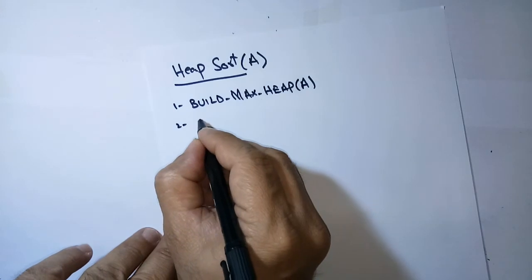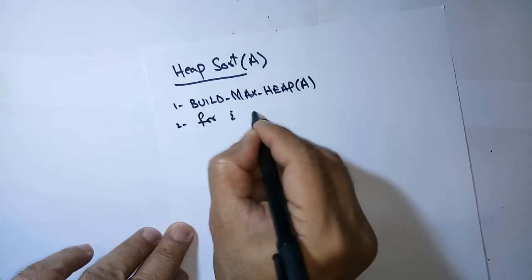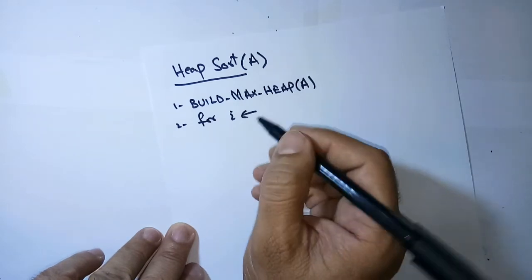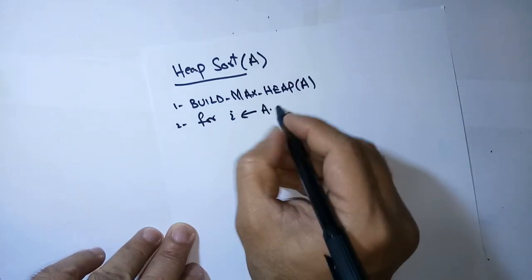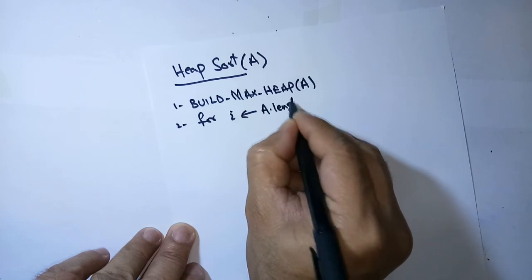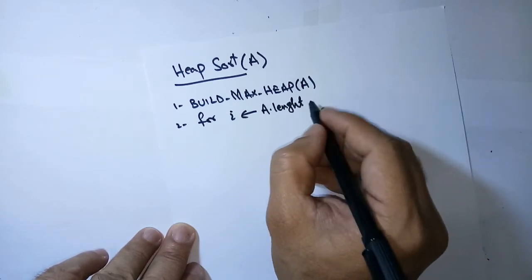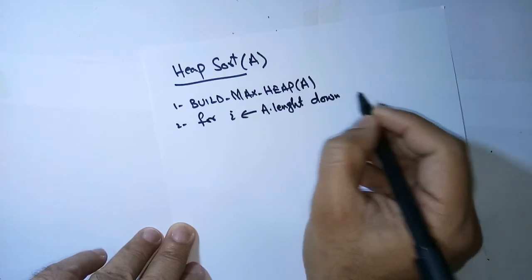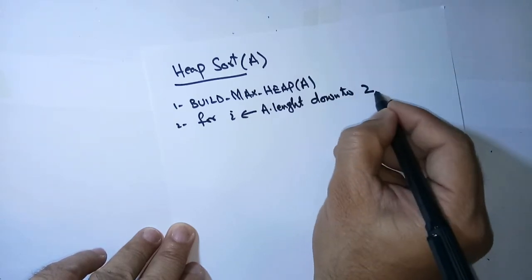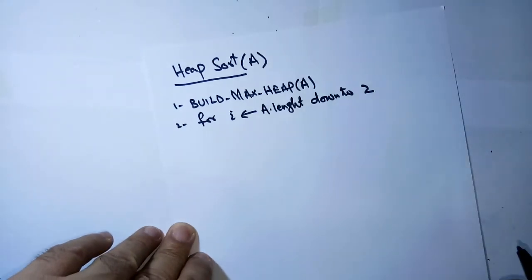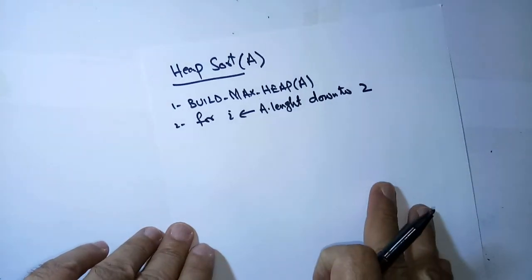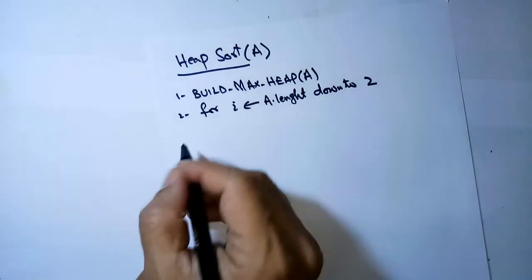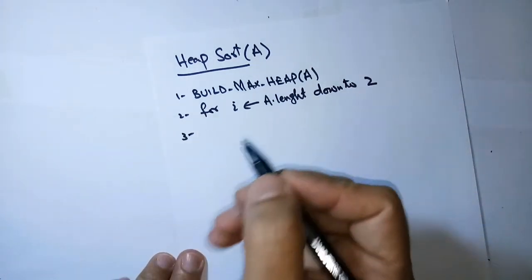So let me start a loop for i that starts with A.length, the heap size, and comes down to 2. Why 2? Because index number 1 is already a leaf node, so no need to fix it, no need to exchange it with anything, and no need to decrease the size of the heap.